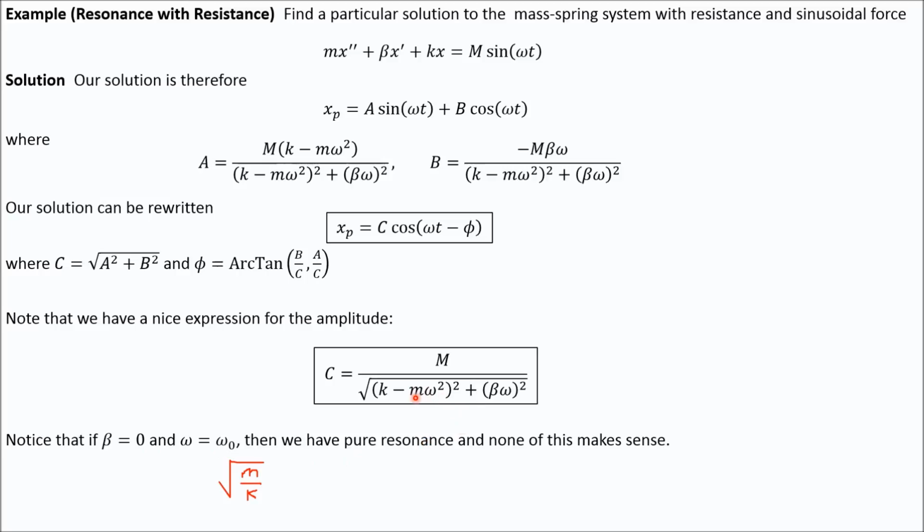You'd end up dividing by 0 here. And so you'd have an infinite amplitude, so to speak, which matches what we saw, that the amplitude was increasing forever in the last video. So this amplitude expression doesn't make sense in the case of pure resonance, or it does, but it's a divide by zero, giving an infinite amplitude.